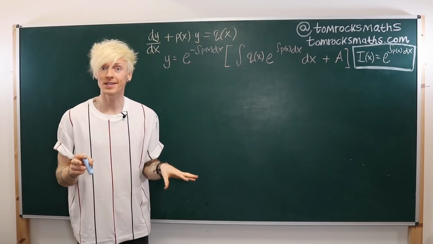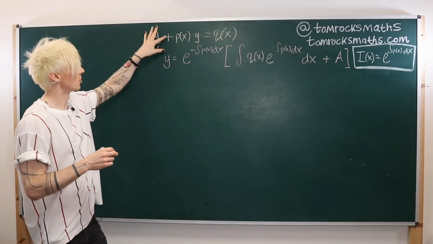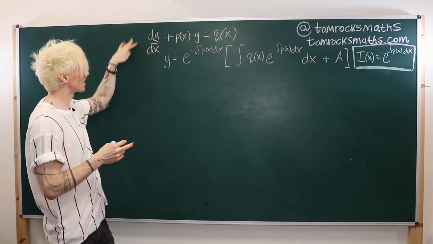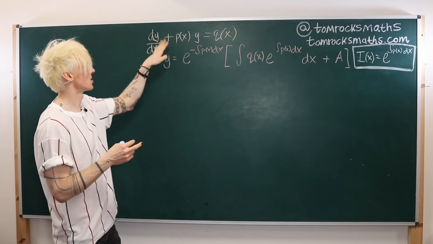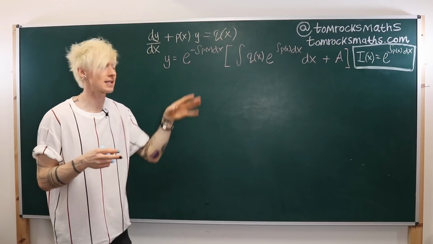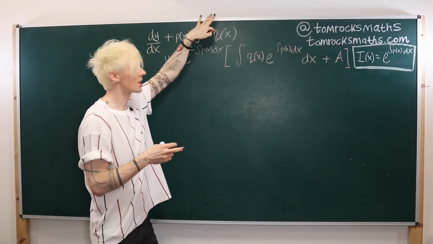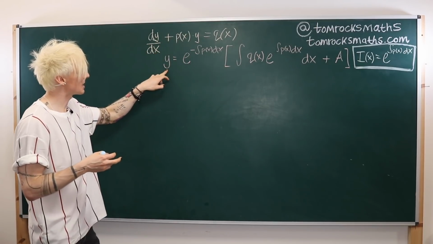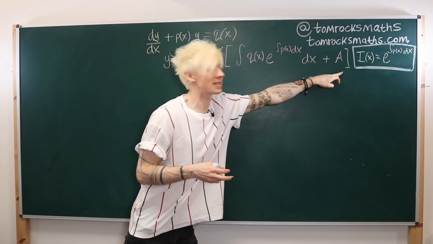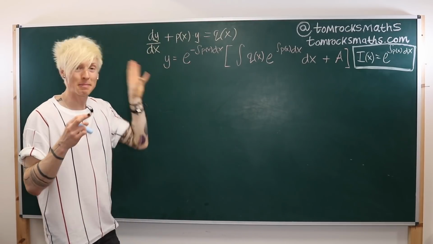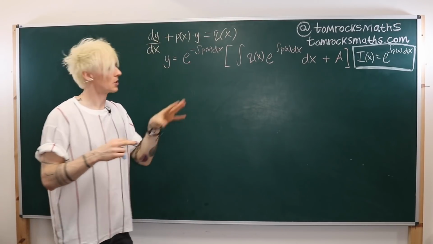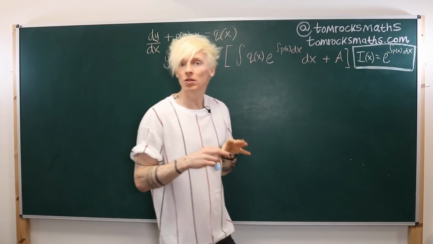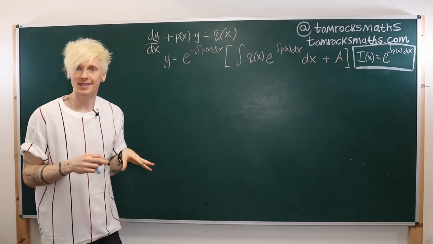So to summarize, for any first order linear differential equation of this form, dy/dx plus some function p(x) times y equals another function q(x), our solution will always be given by this, where importantly we get there using our integrating factor I(x), which is e to the integral of p(x).